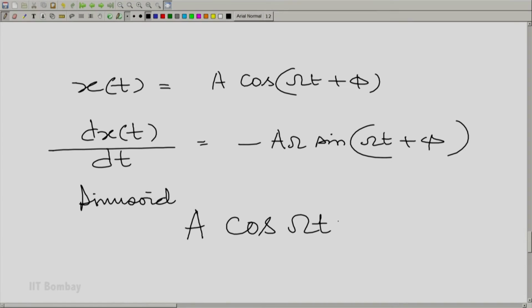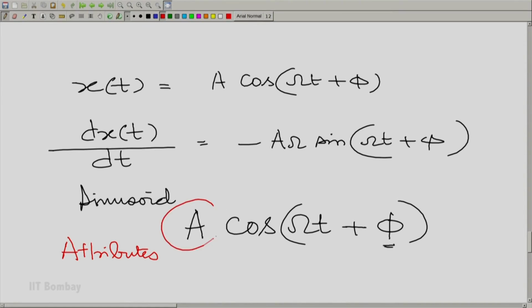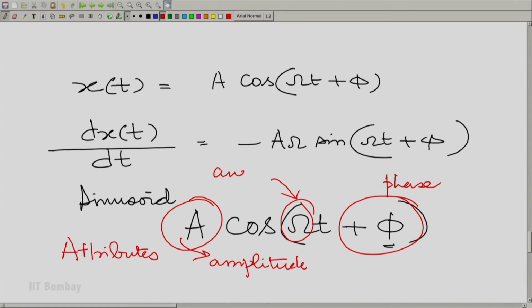It does not matter whether I write cos(Ω t + φ) or sin(Ω t + φ), it is essentially a matter of a different angle here. But what does matter is the other three attributes. What are the attributes of the sine wave? This is the amplitude, this is the phase, and this is the angular frequency.